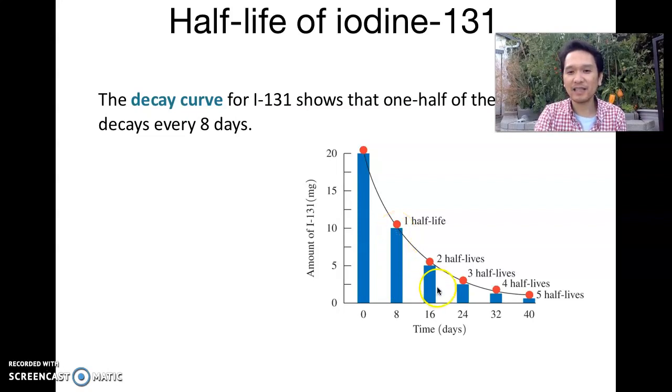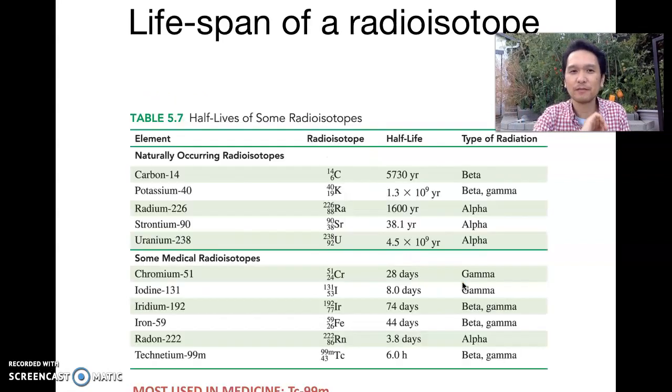The second 8 days, so day 16, you lose a quarter. And then the third 8 days, so day 24, you lose another eighth, and so on and so forth. So you lose less as time goes by. But notice that time is constant. It's always going to be 8, 8, 8, 8 days.